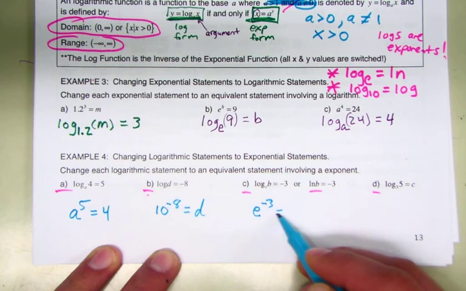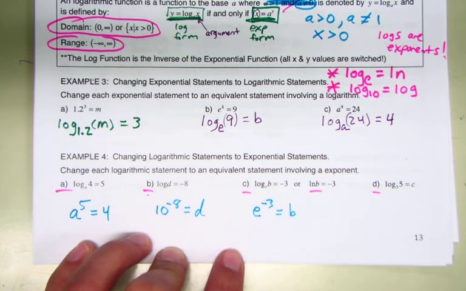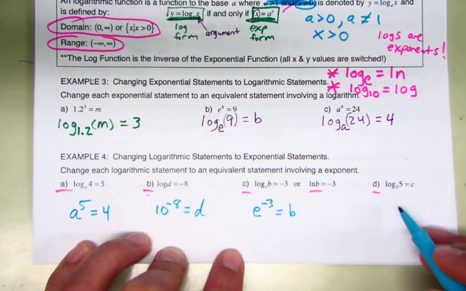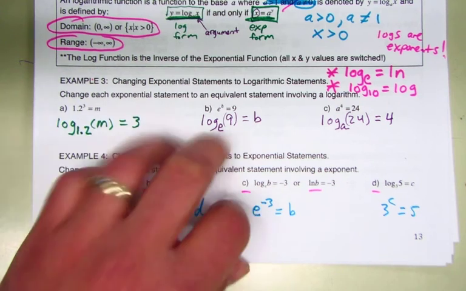Negative 3, and then it's going to have to equal the argument, which is b. Okay, last one here would be, very good. Okay, just some basic background stuff. Right now we're just focusing on switching things from one form to the other. Okay, let's turn the page.